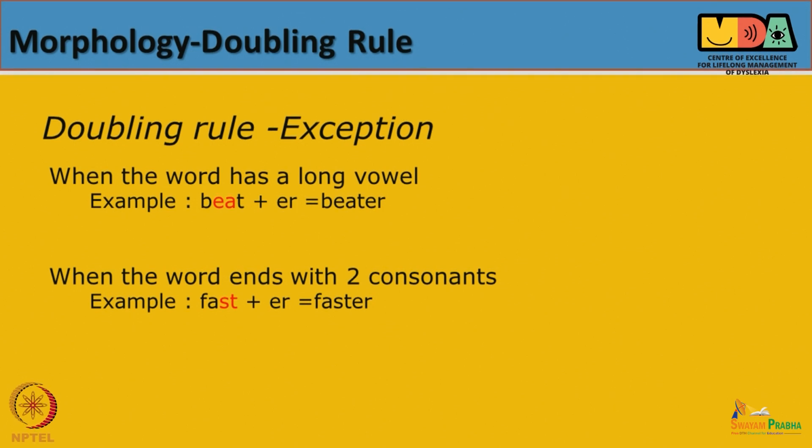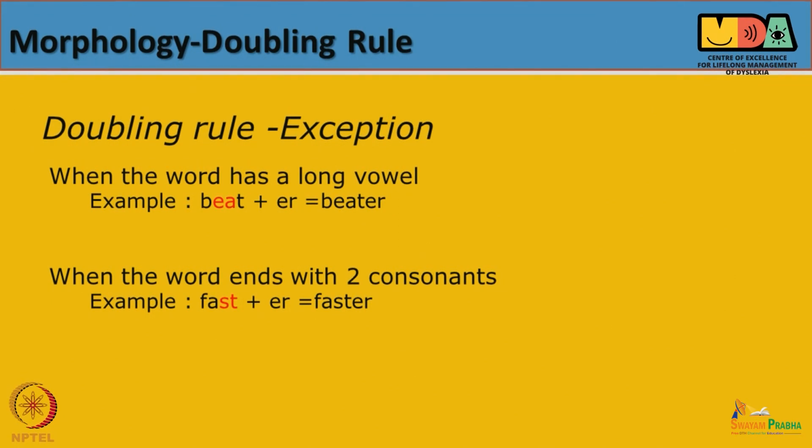So, beat to add ing would just be adding ing to the word beat, and it would be B-E-A-T-I-N-G, or the example given to you, beater. B-E-A-T would be your root word and the suffix is simply added to it.